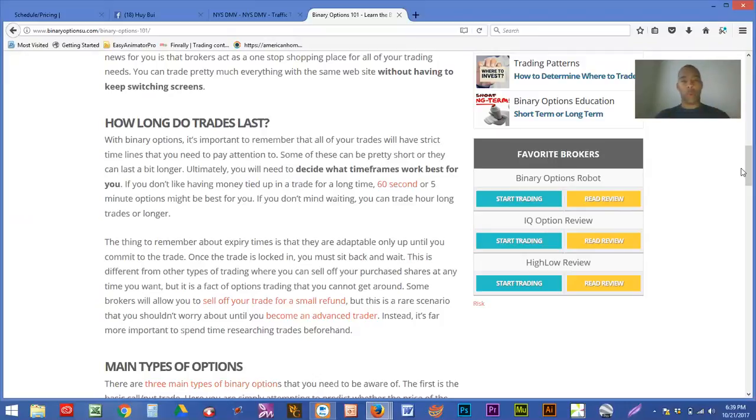That's your typical broker. My broker allows me to do 1-minute increments from 1 minute all the way out to 30 minutes. And then after that, I can go into half-hour trades, hour trades, up to 2 hours, I believe. Then after that, you go into daily trades. So it just depends on the platform that your broker has.